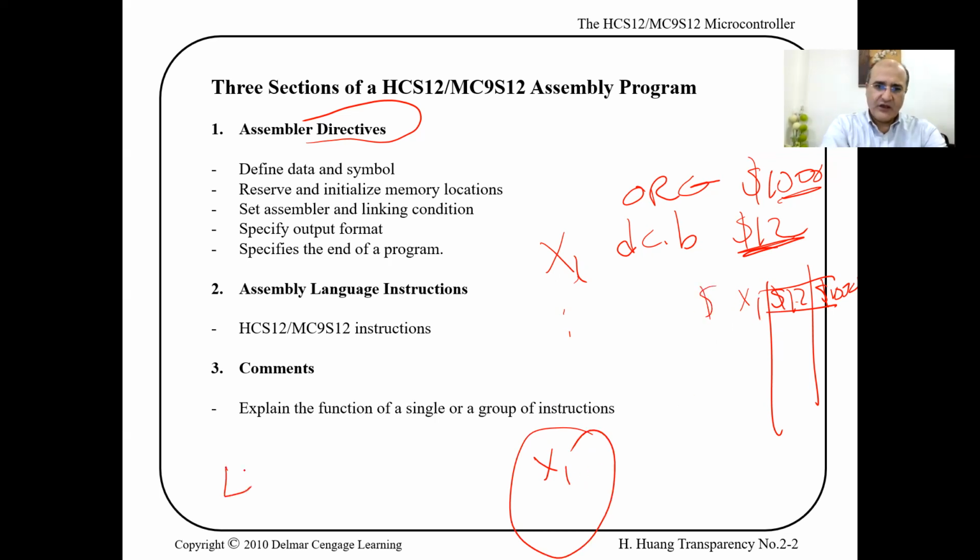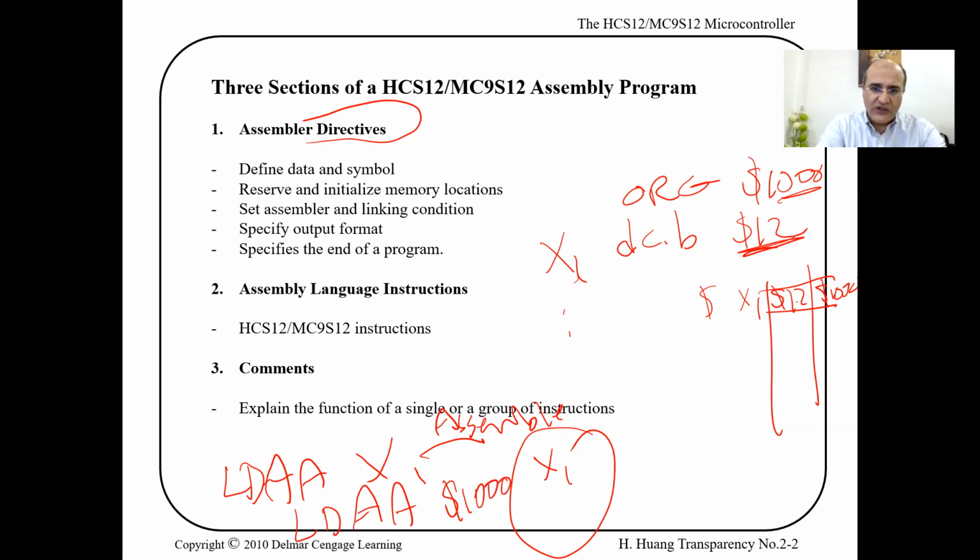So if I say load accumulator A x1, when you assemble or build your program, it will convert to load accumulator A with 1000. So you will never see x1 anywhere in your code after you assemble the program, because this is a label.